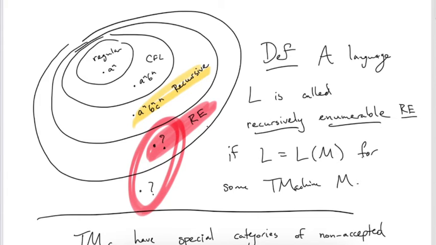That would be an example of something which is RE but not recursive. And then there's this even weirder category out here, which would mean languages which are so crazy, you can't possibly make them on any Turing machine. By the end of the semester, we will talk about examples of both of these categories. So there are languages in these categories.